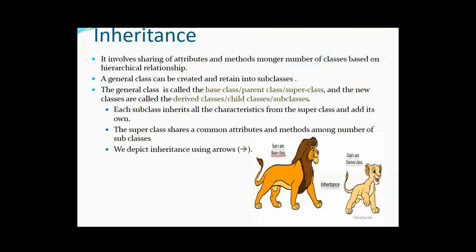The father, we call it basic class or super class or parent class. Okay, they have different names. And the son, we call it derived class. Okay, a derived class inherits the shape, the color, the eyes, the things from the main class. Okay, either properties or methods.